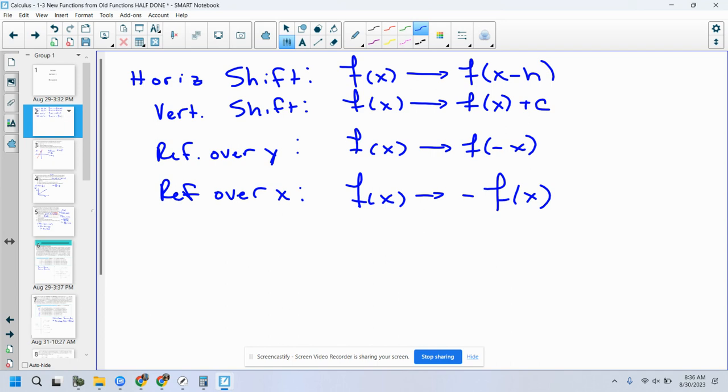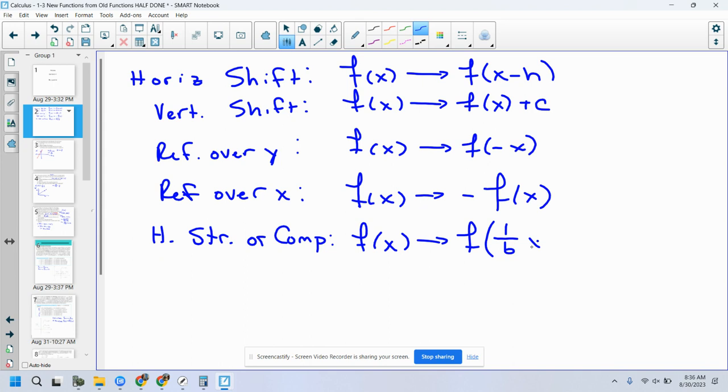Distribute in. If I have the horizontal stretch or compression, I put those as the same rule. You just got to know, if it's a fraction, it's going to be a stretch. If it's a whole number, it's going to be a compression. Remember, those are the opposite ones. F of x is going to turn into f of 1 over bx, right? 1 over bx.